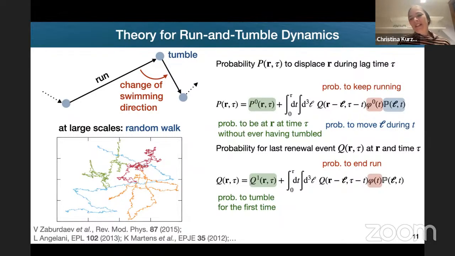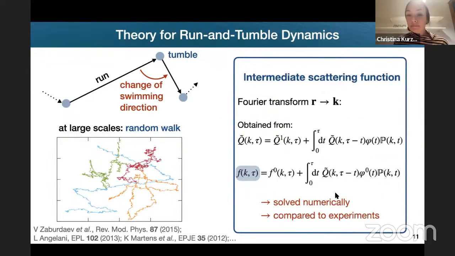Now we have these two equations, which perhaps look a bit complicated, but there's one thing we can notice immediately: we have a convolution product. How do we get rid of this? We can perform a spatial Fourier transform, and we come up with two equations which look much simpler, and which can be solved for each wave number separately.